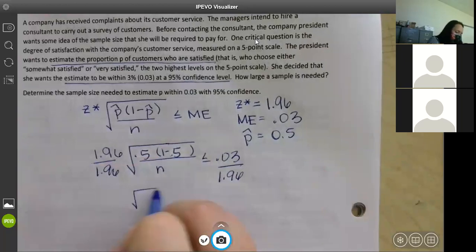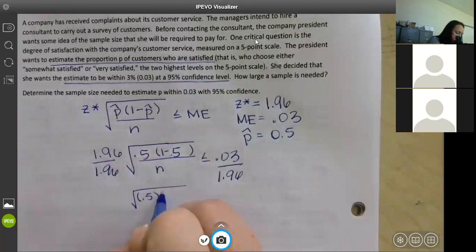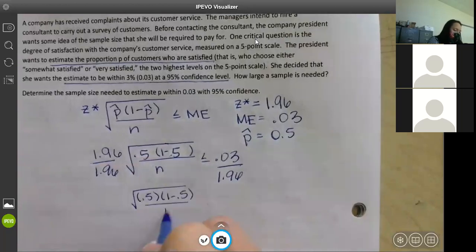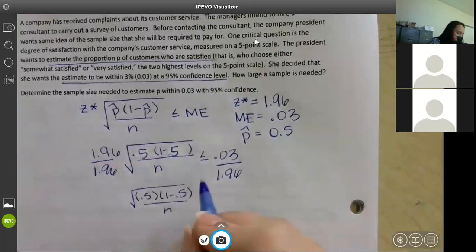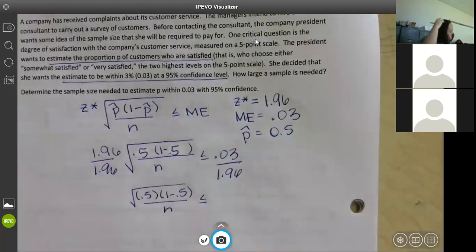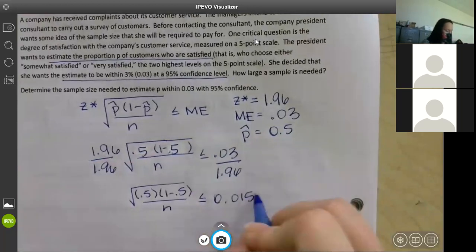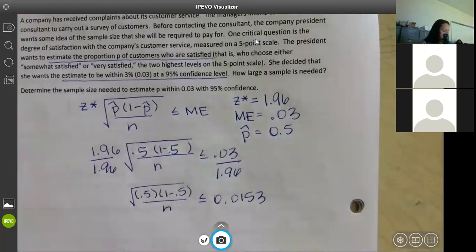That leaves us with the square root of 0.5, 1 minus 0.5 over n. And you can change that to 0.5 if you want to. You can simplify as much as you want to. Which gives you 0.0153. Square it.